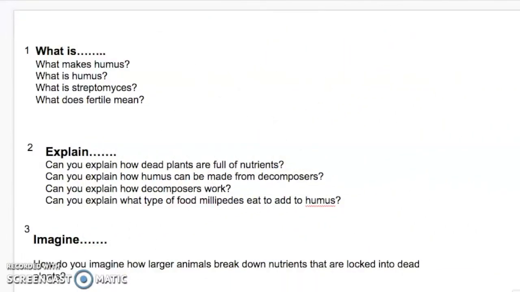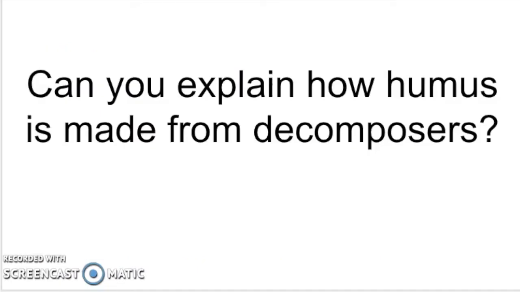Okay, so these are the questions that we came up with. I'm going to choose a question. The question that I'm going to choose is in the explain section, from section 2, and my question I want to answer is, can you explain how humus can be made from decomposers?